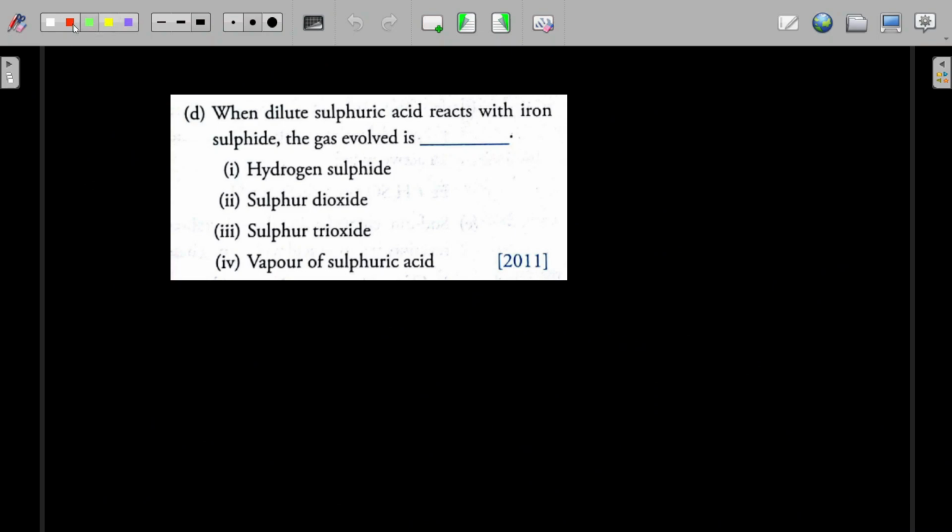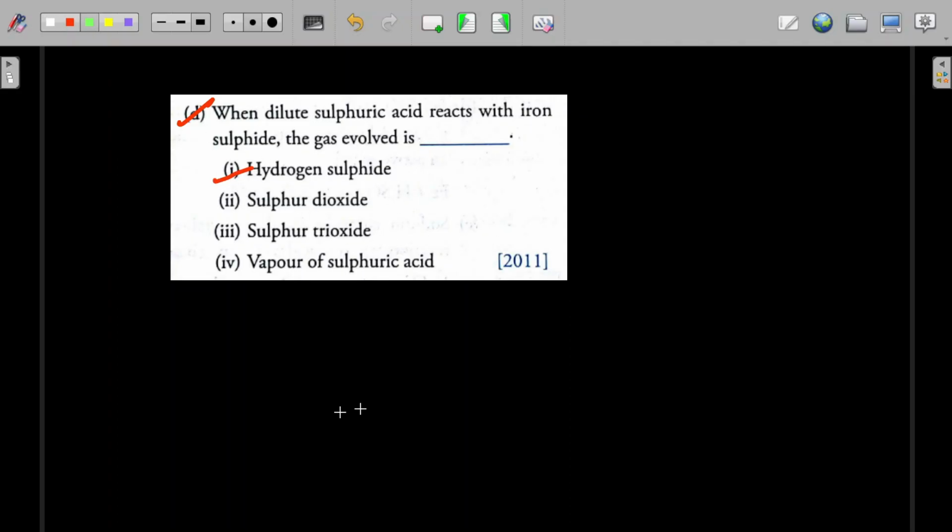Okay. So based on that, let's see some questions. When dilute sulfuric acid reacts with iron sulfide, Vanishika, can you answer this question? Is it hydrogen sulfide? Yes. Remember, children, from sulfide, only sulfide you will get.